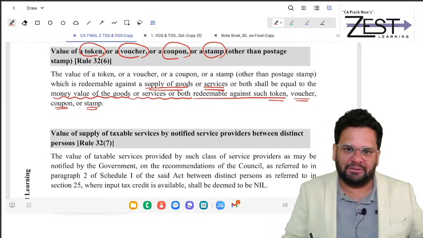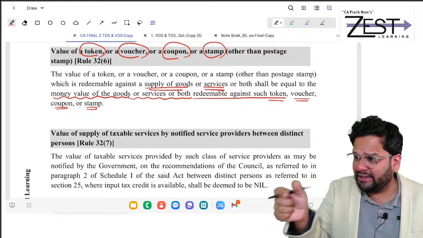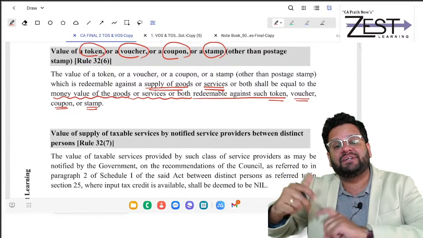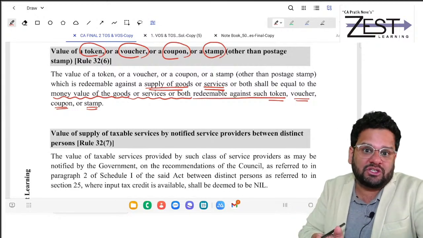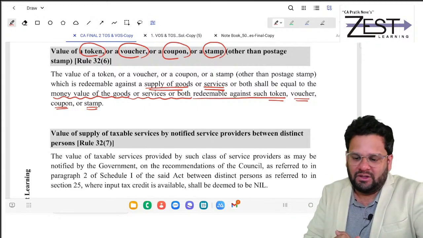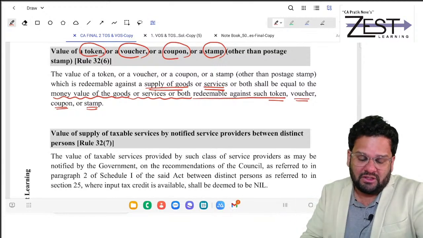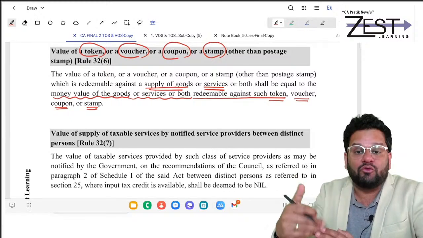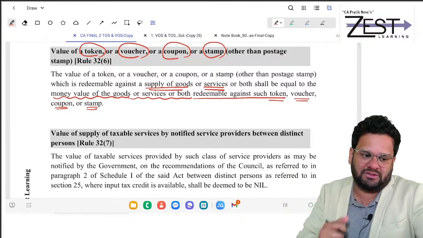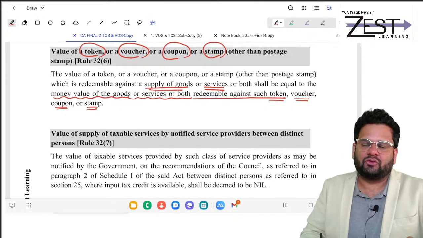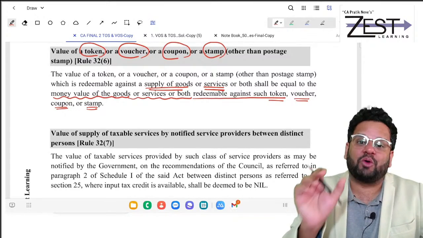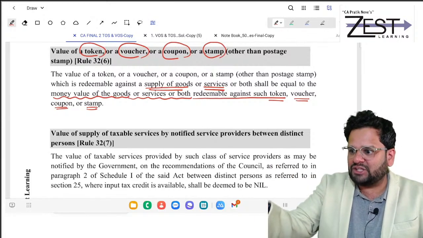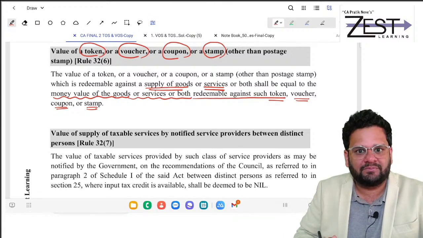For example, points of a credit card can be redeemed against a voucher of say Taj Hotel. So what will be the value of that voucher? The value of that voucher will be equal to the money value of services which can be redeemed against that voucher. For example, 20,000 points of American Express card gives me Taj vouchers of 10,000 rupees.